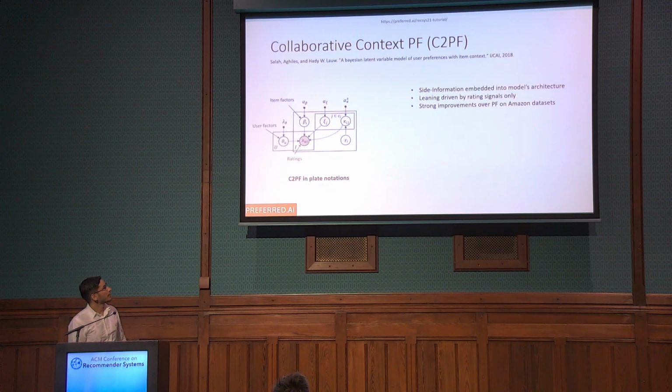Now we see another example, which is called collaborative context Poisson factorization again, C2PF. So again here, you have the matrix factorization model, same thing as we saw so far. And then you have another part, which this time says, to explain the rating of the user, not only do I take into account the user factor, theta u, and the item factor, beta i, but I also take into account the factors of the items that are related to this item.